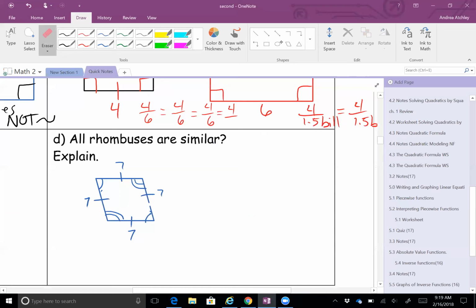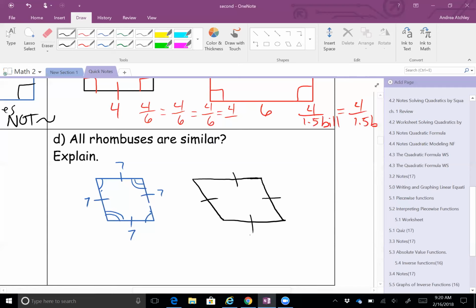Makes it easier. That's a really good rhombus. I'm going to say it's a rhombus by saying all those sides are congruent.